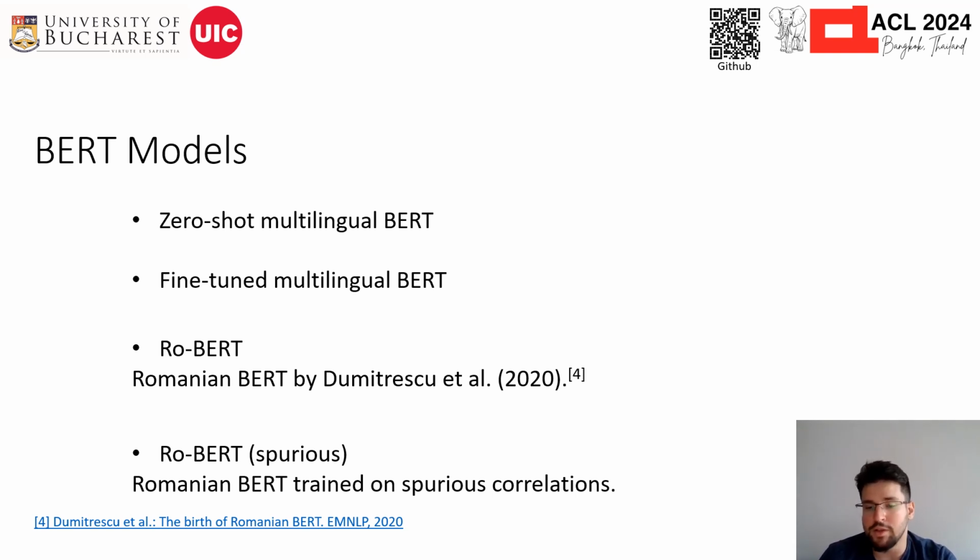We also fine-tuned this Romanian BERT on spurious correlations, meaning that we only fed it the hypothesis, in order to see if the pair of data is actually very simplistic and the relationship can just be observed by looking at one of the sentences.